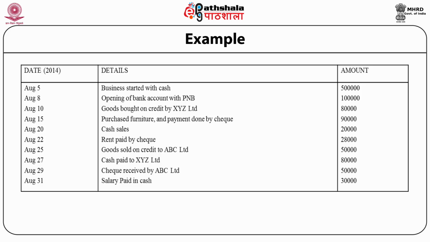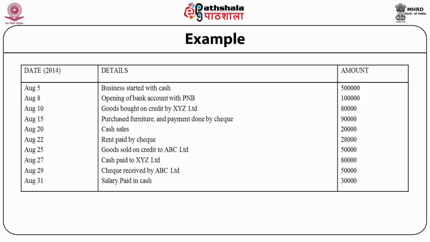August 20, cash account debit rupees 20,000 to sales account rupees 20,000. Summary: goods sold on cash. August 22, rent account debit rupees 28,000 to bank account rupees 28,000. Summary: rent paid by check.